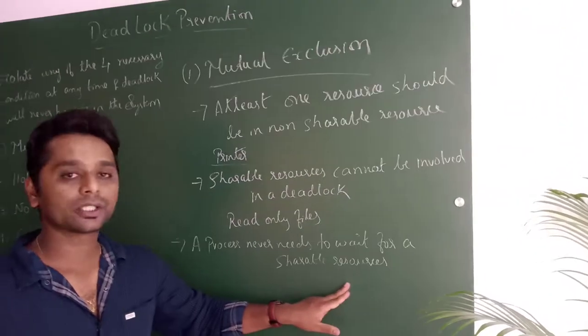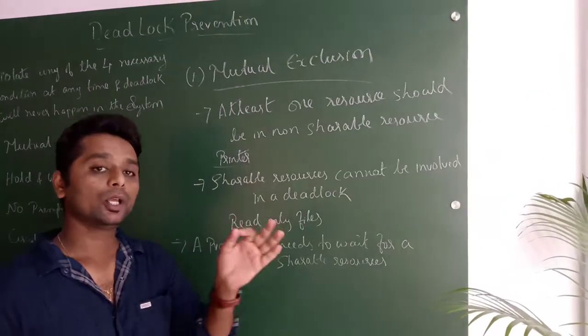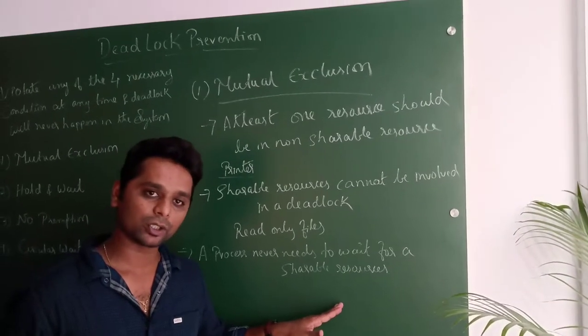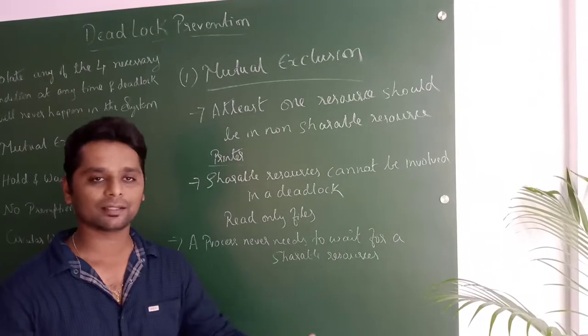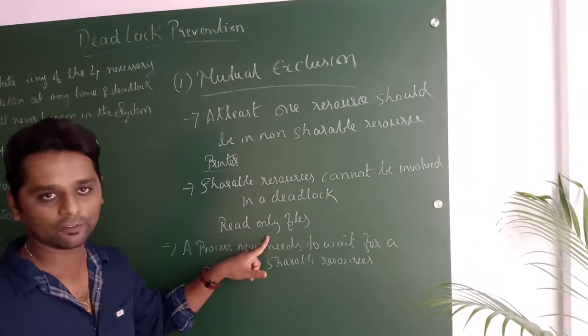In mutual exclusion, you make the resources shareable, and no process has to wait; they can access the resource simultaneously. The best example is read-only files.